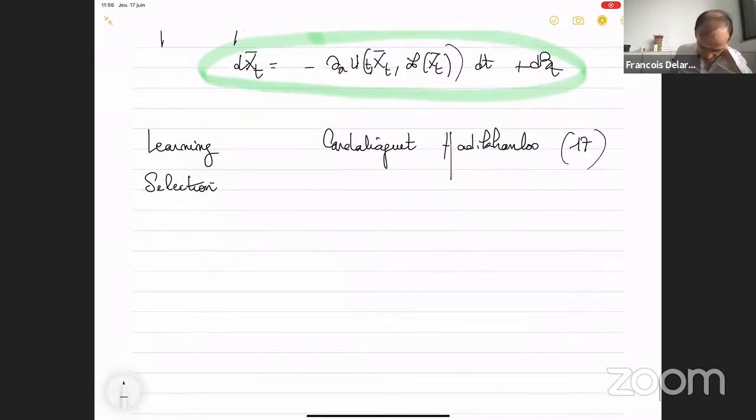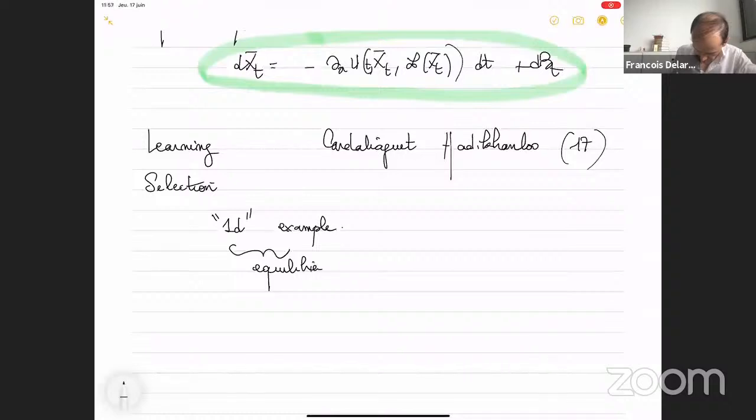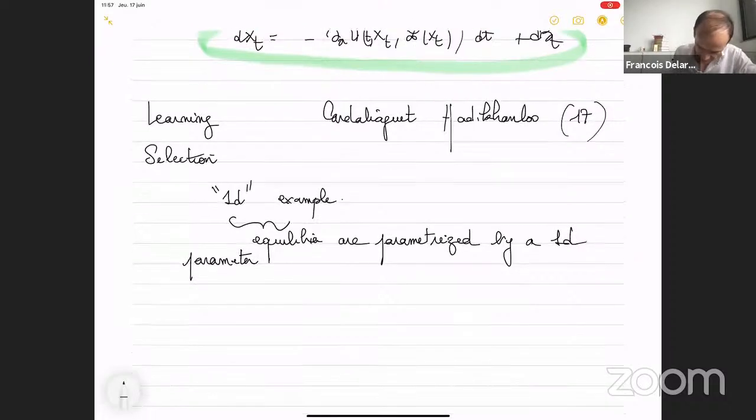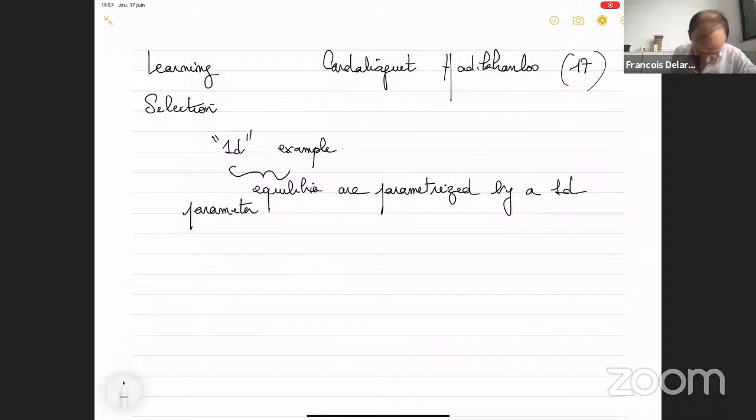So what you will find is a class of 1D examples, because these are examples in which you can parameterize the equilibria by a 1D parameter. So what does it mean, a 1D parameter? Let me give you two examples.